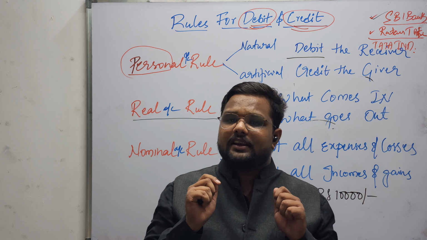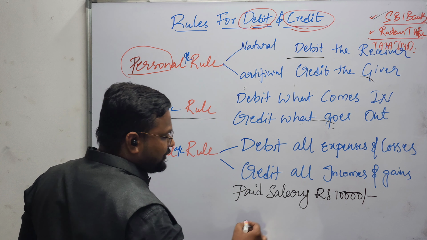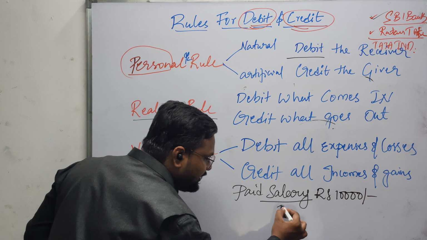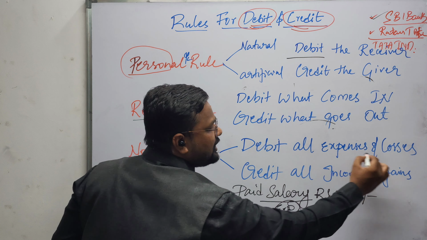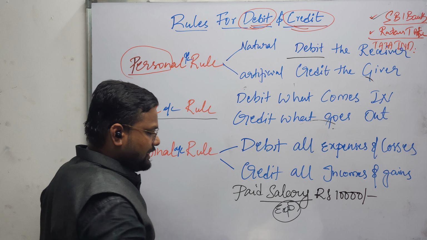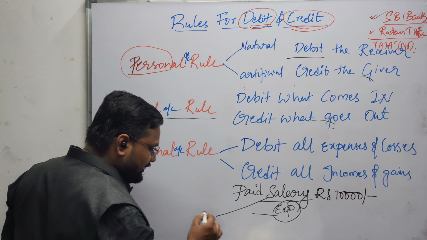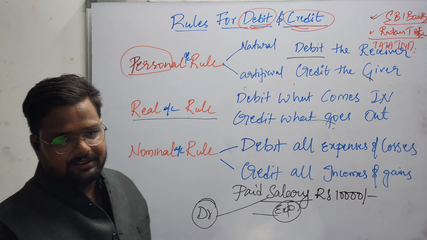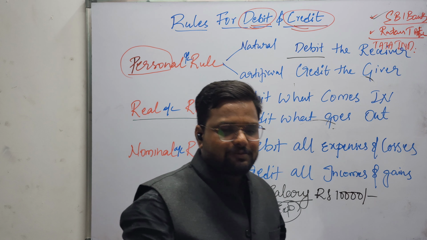Salary is always an expenditure. So what is the expenditure in this? Salary. So salary is the expenditure. So debit all expenses and losses. So expense salary, so debit salary. Salary should be debited.